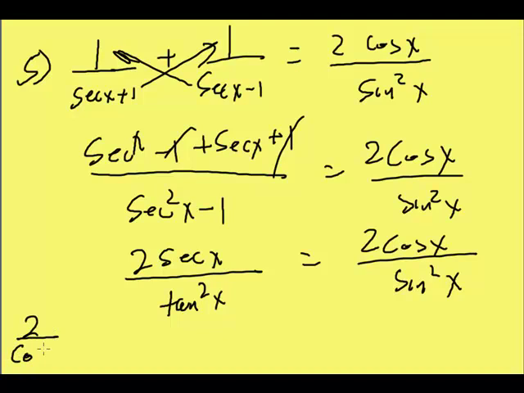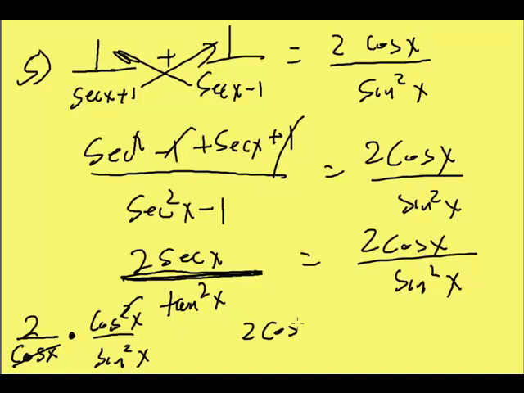So that would be 2 over cosine x on the top. What does this line mean? Divide. Divide means multiplication. So you're going to get cosine squared x over sine squared x. Cosine's going to reduce. On the left hand side, you're going to get 2 cosine x, and on the bottom, a sine squared x. And that looks like the right side.